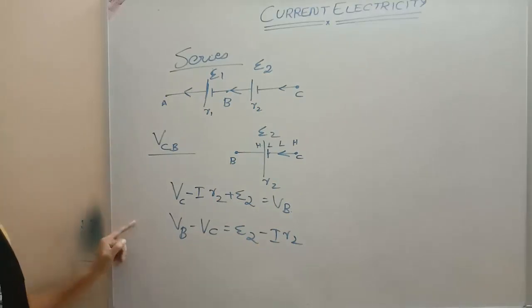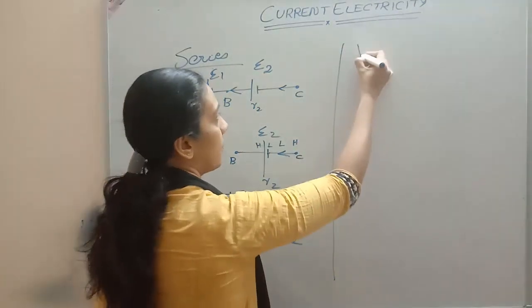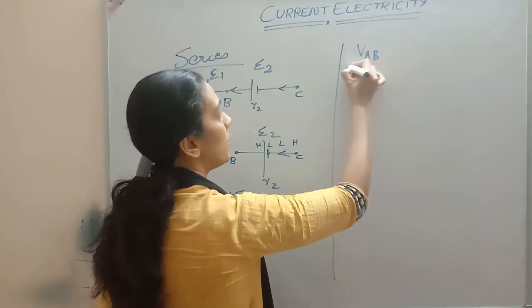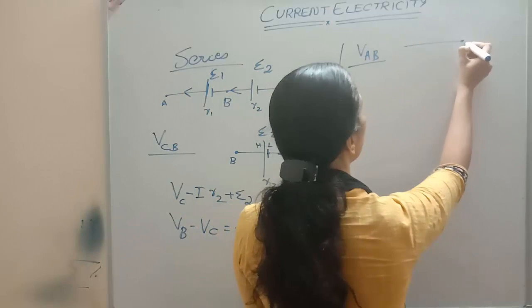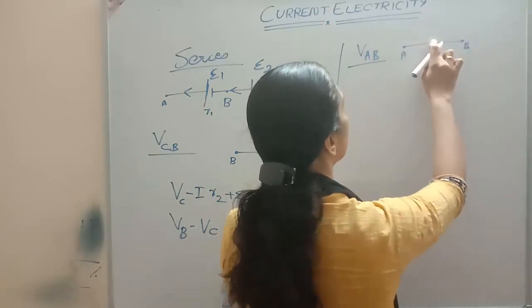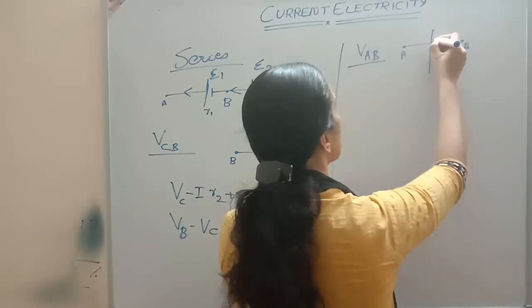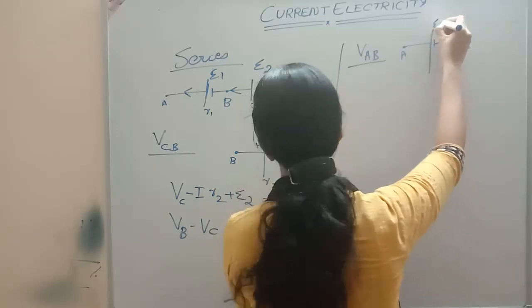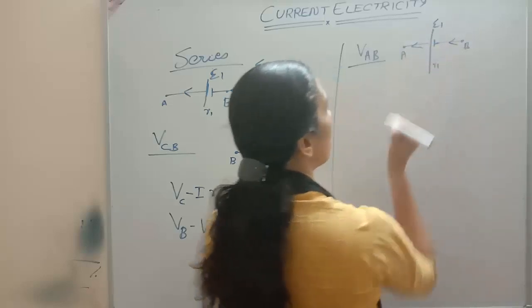This is for VCB. Now I am considering between B and A. Here this is B and this is A, and this is the cell. Here it is E1 and here it is R1. Here the current is moving in this manner.